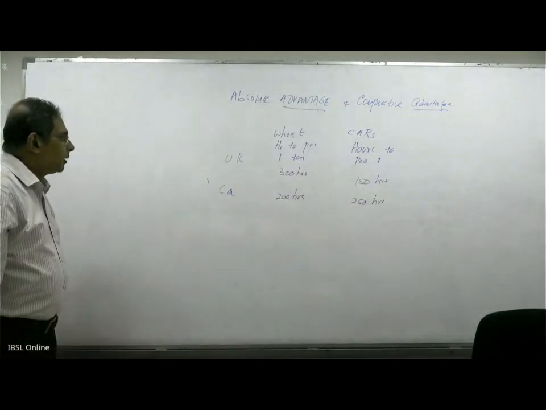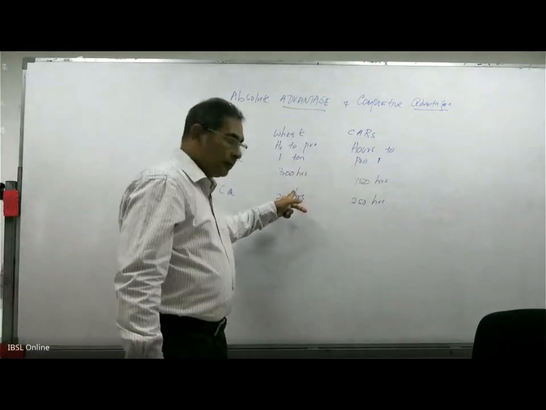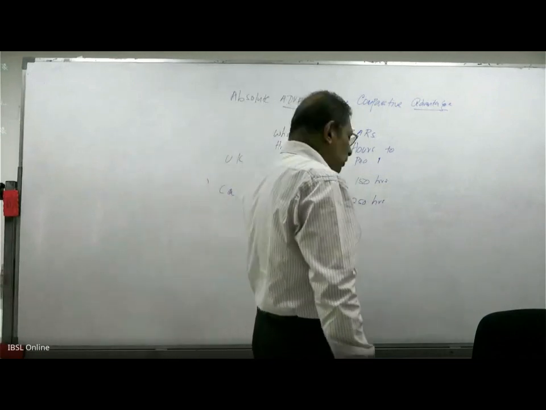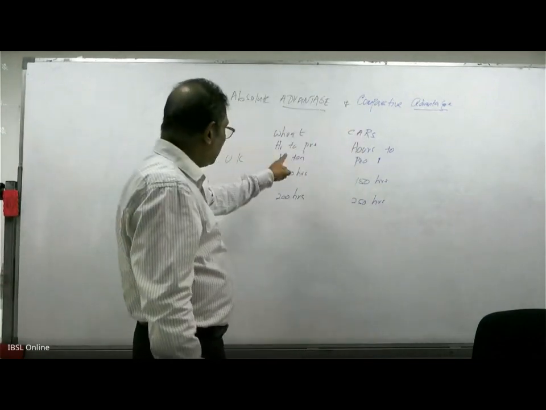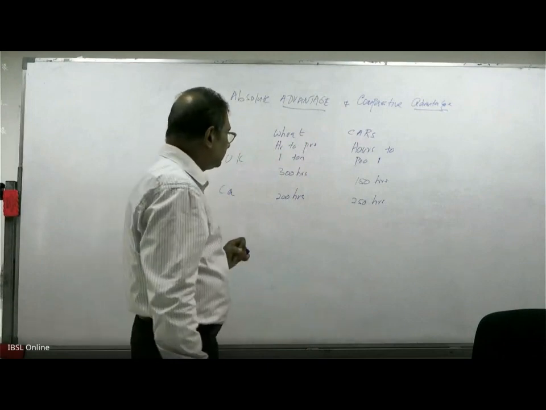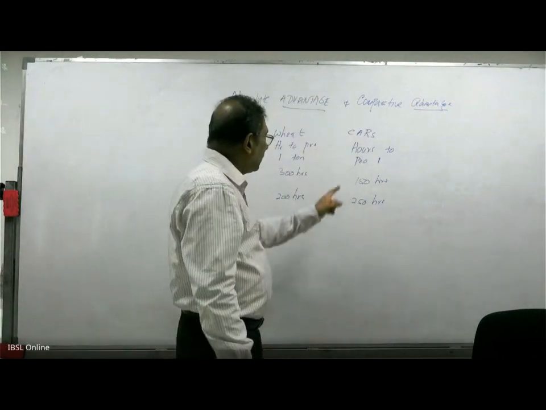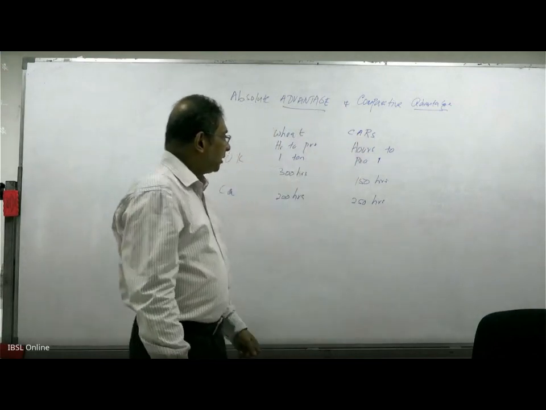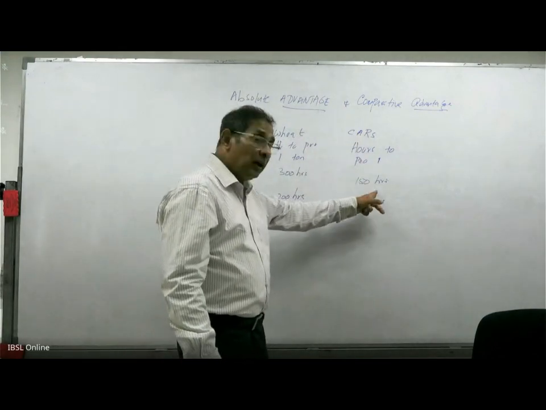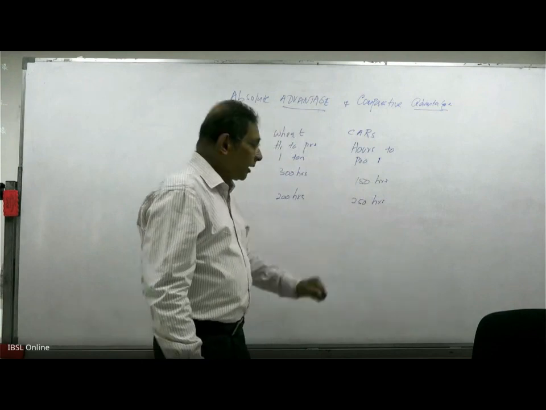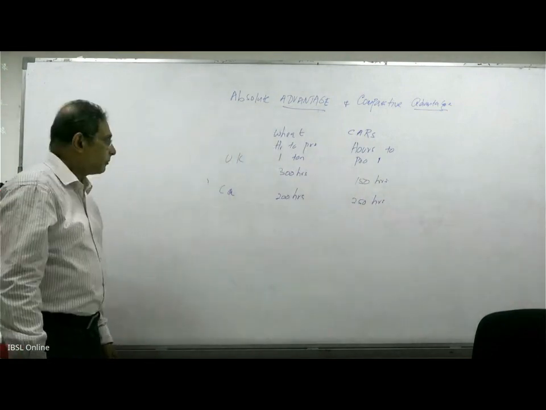Right? UK takes 300 hours to produce 1 ton of wheat, and Canada takes only 200 hours. And UK consumes under 150 hours to produce 1 car, and Canada 250 hours.